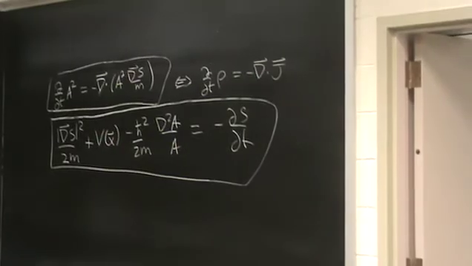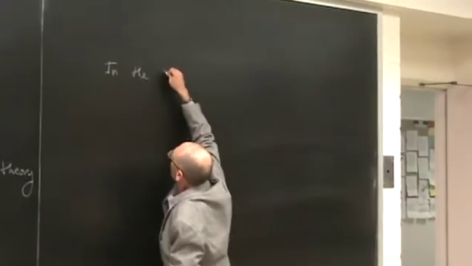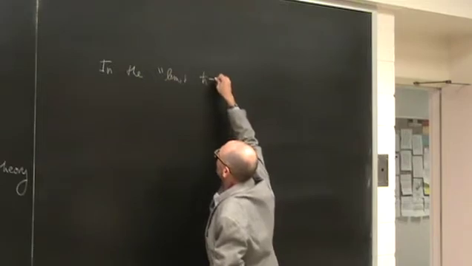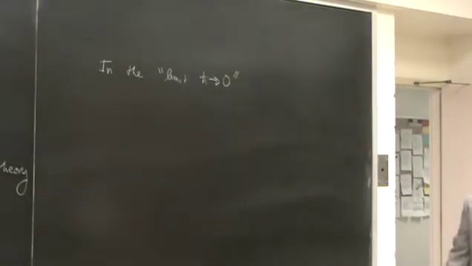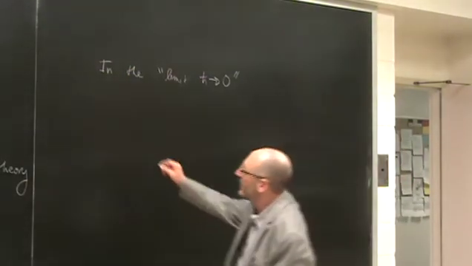If we look at this equation, I'll call this the limit where h bar goes to 0. Let's consider that first. Let's suppose h bar was 0. Then what is this equation?